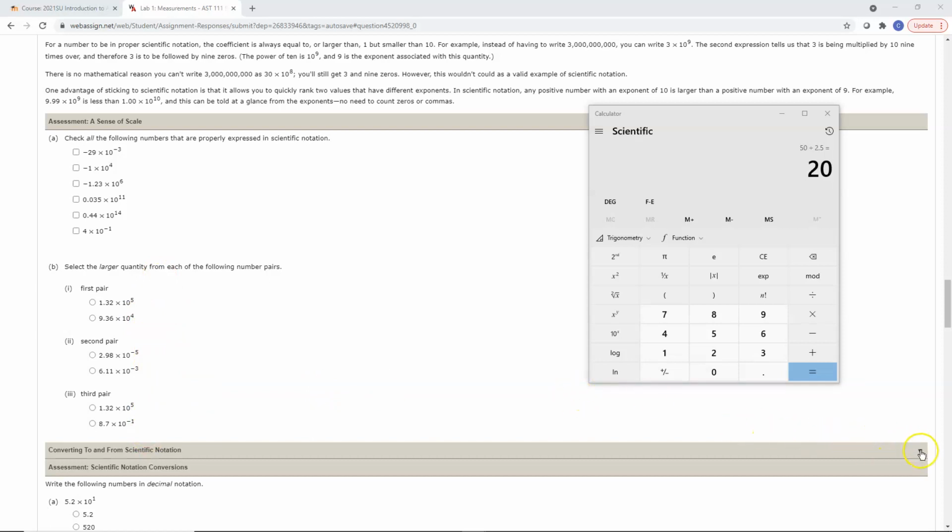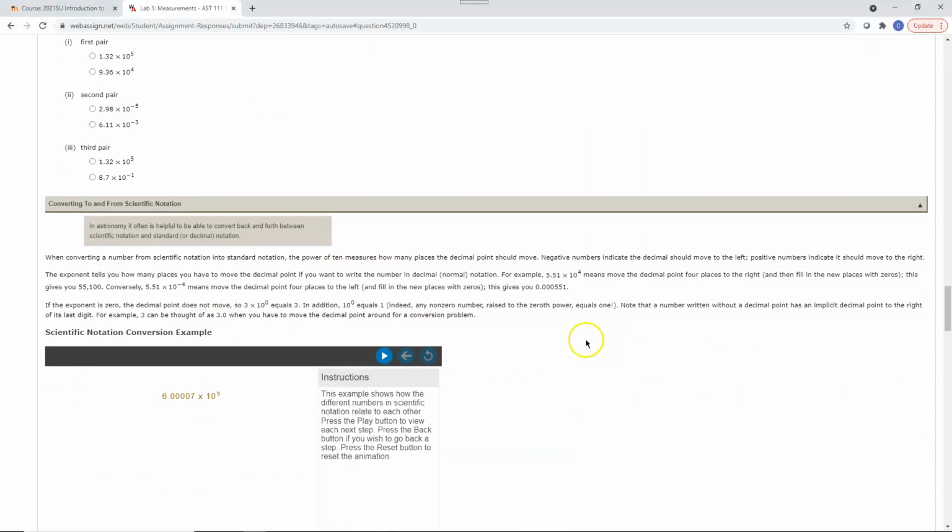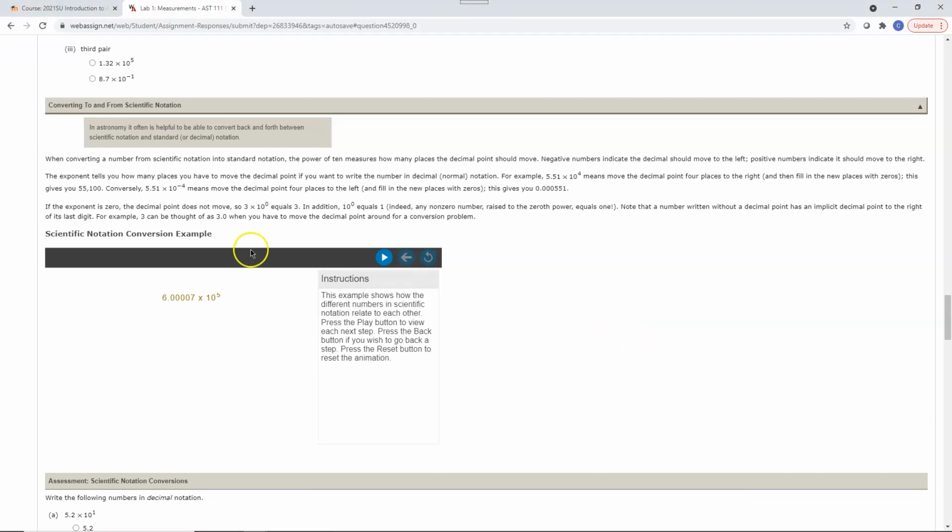And then you're going to convert here, scientific notation, which tells you how to go through and do that. So this actually shows you when you convert from that to standard notation, then you need to move your decimal places to the right or the left. Well, here, if I run this number 600,007, moving it to the places there to the right, it increases my decimal place here, moving it from there to there.